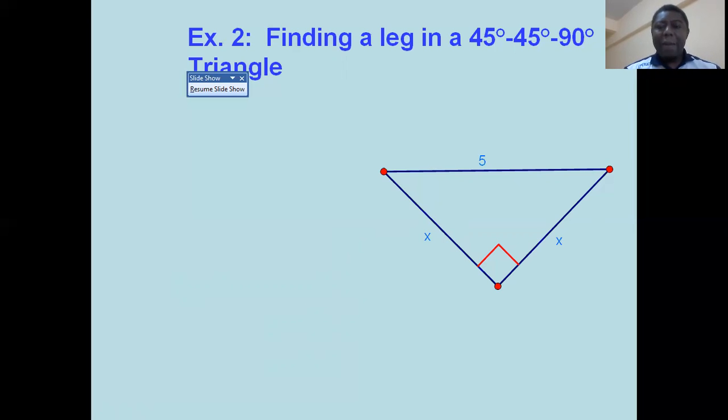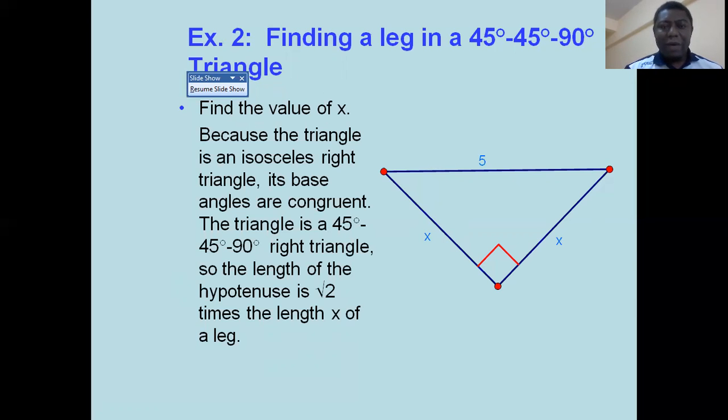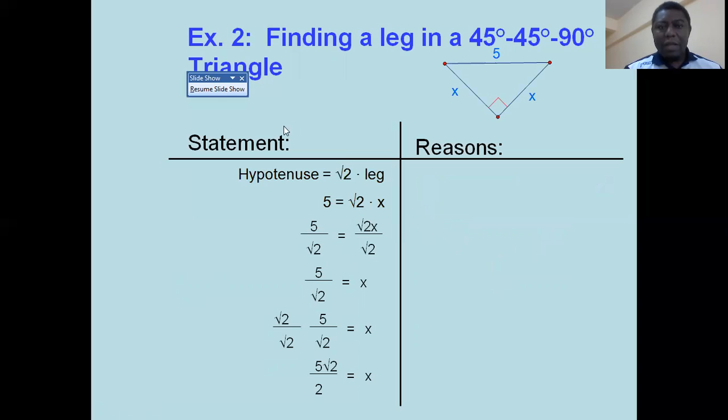And here, the hypotenuse is 5, so we are finding the value for that. So we have 5 is equal to the square root of 2 times x.